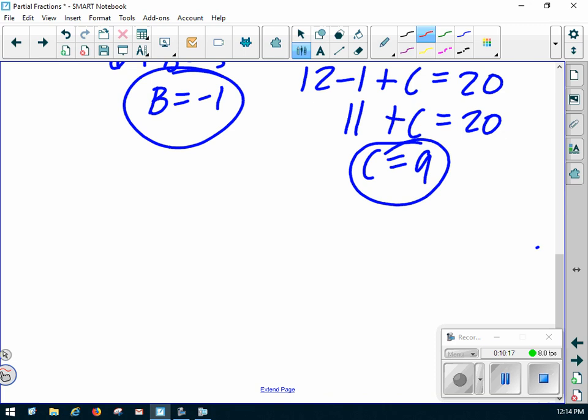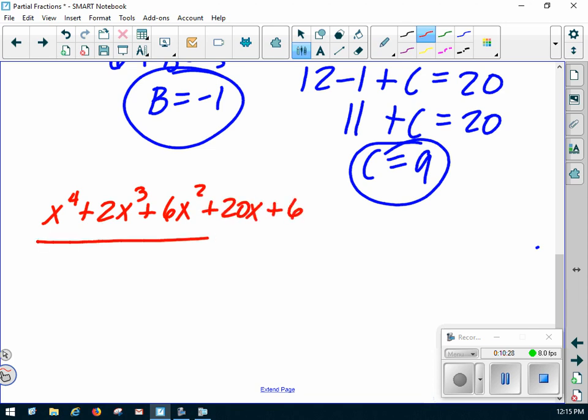Read me that big old nasty fraction. X to the fourth. Keep going. Thank you. Now remember, that equals x plus.